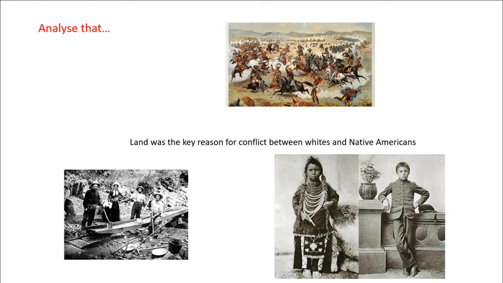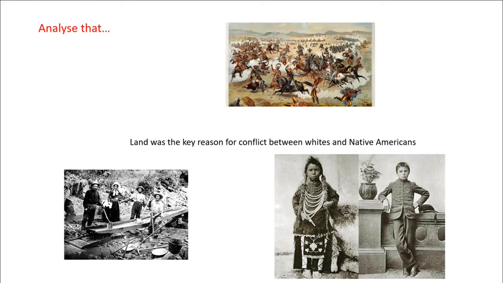The gold being found in California, in the Black Hills, in Georgia, leading to the removal of the Cherokee and the Trail of Tears. Land was crucial, and there is no getting away from that: every time white people encroached on land that Native Americans traditionally inhabited, there was conflict.